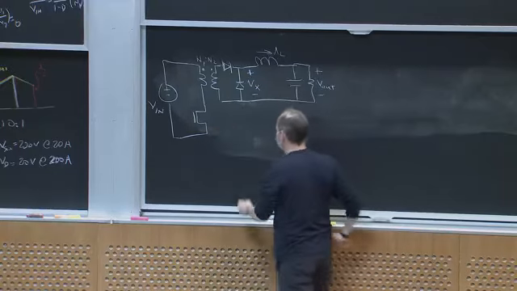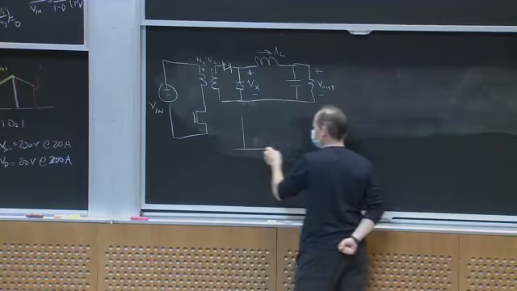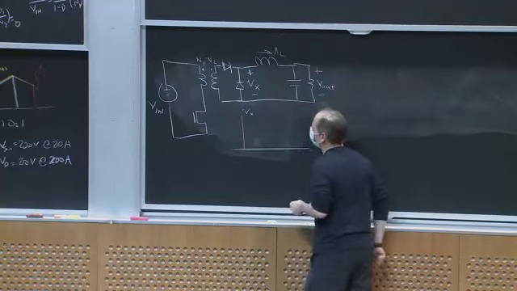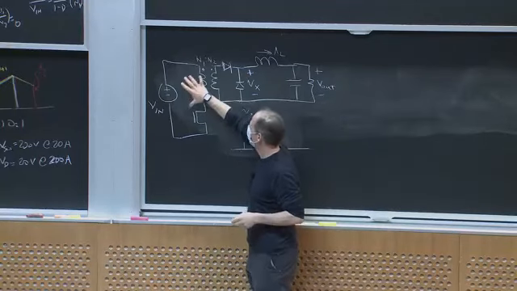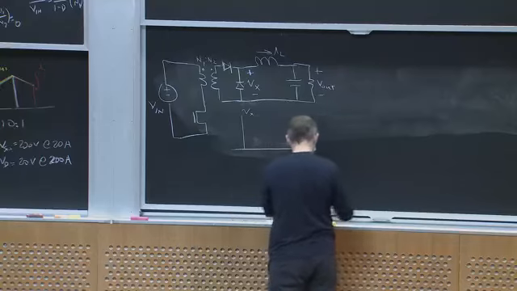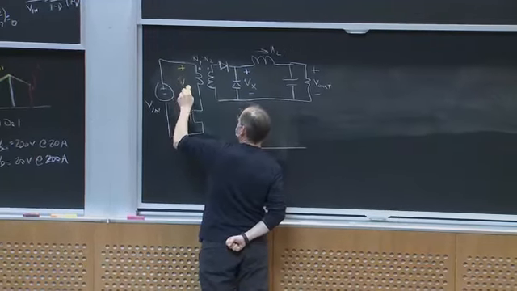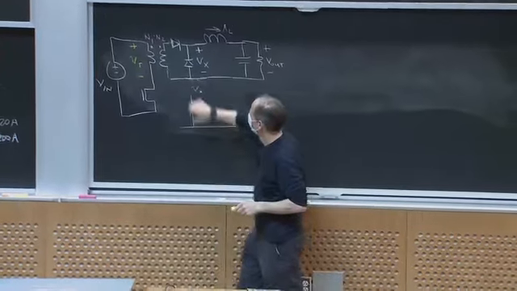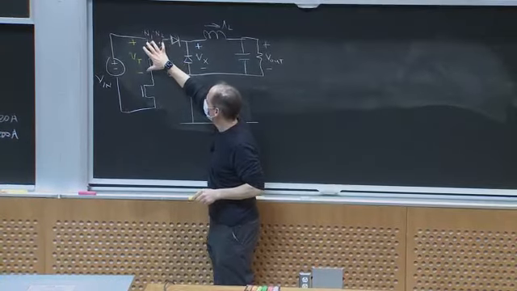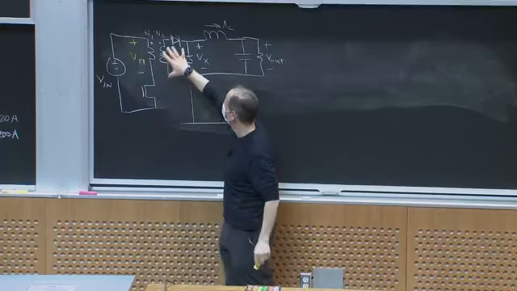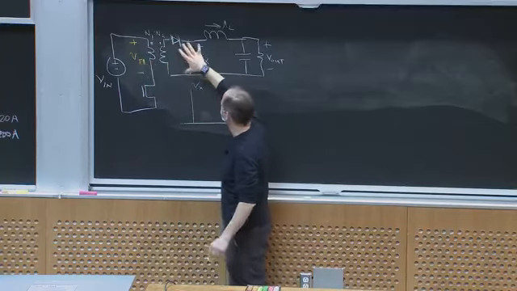When the switch is on, I'm going to plot Vx. When the switch is on, I'm applying Vin at the primary. So let me call this the voltage across the transformer, VT1, V transformer 1. I get N2 over N1 times VT1, N2 over N1 times Vn.